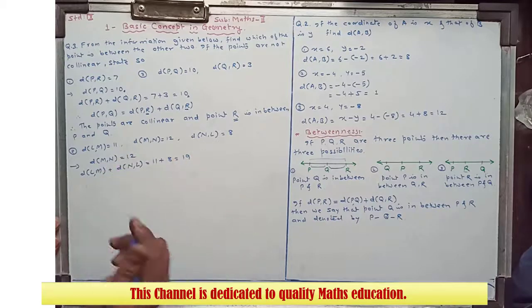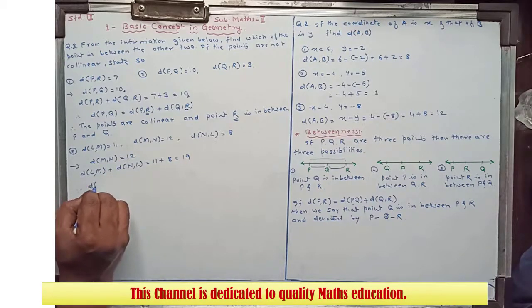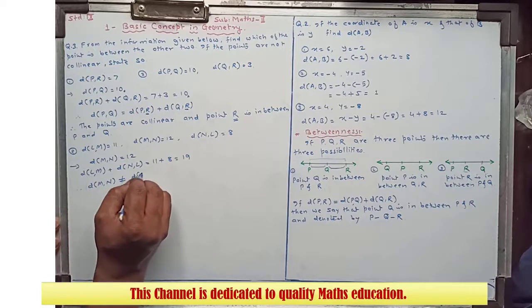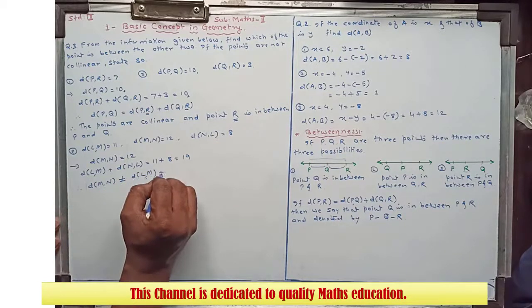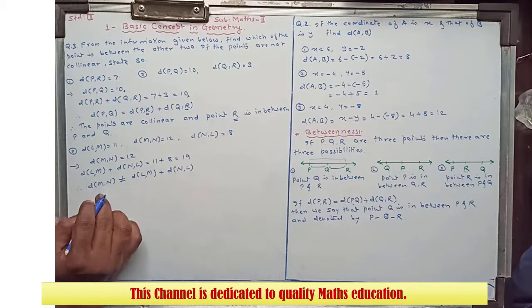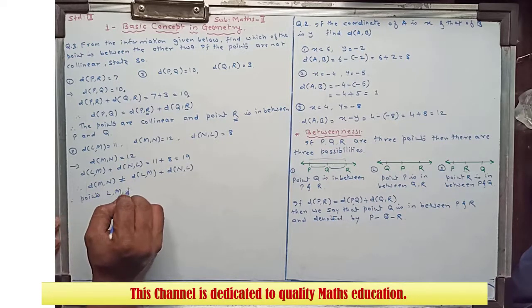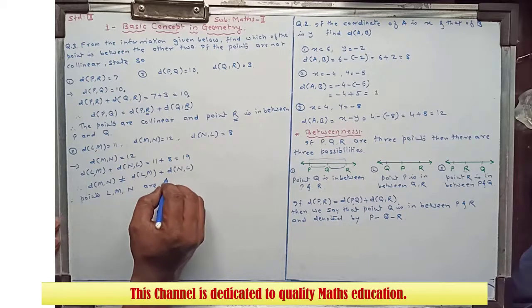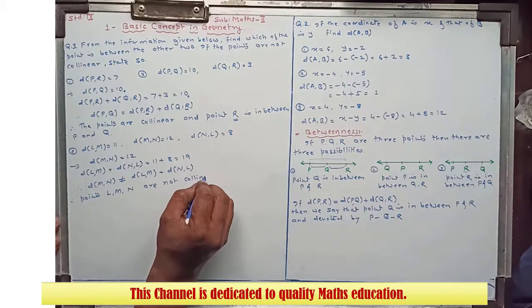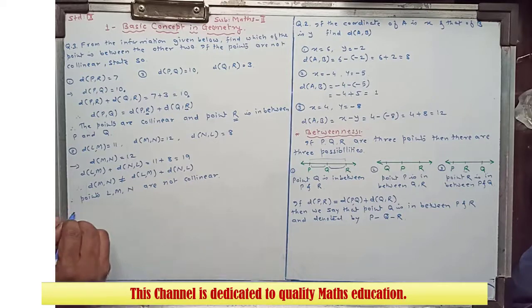But both distances are not equal, and therefore distance MN is not equal to distance LM plus distance NL. The addition is not equal to our third distance. And therefore points L, M, N are not collinear. Those 3 points are not collinear points. In this way you have to write.